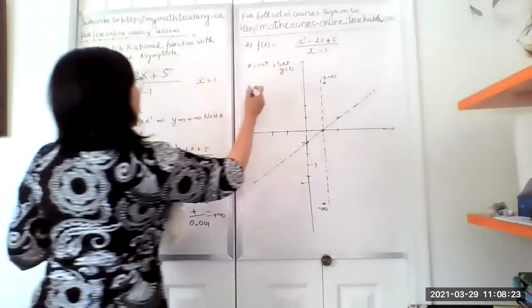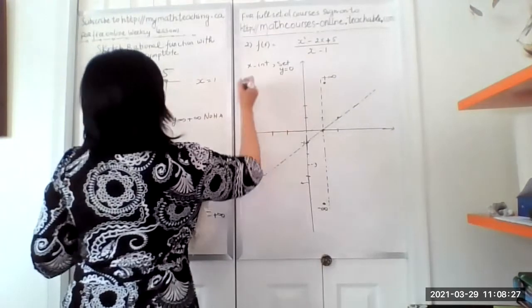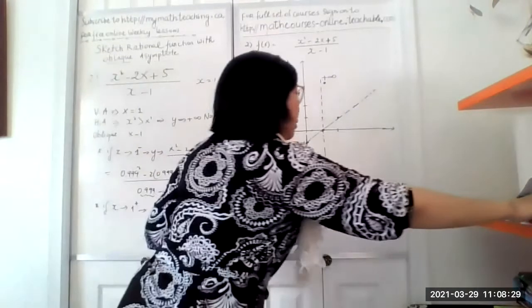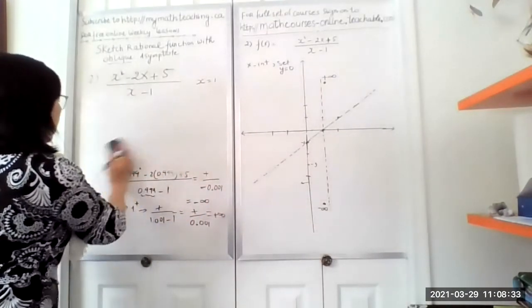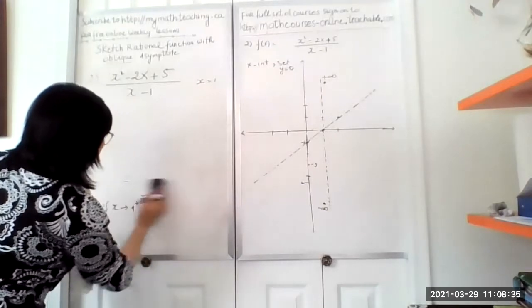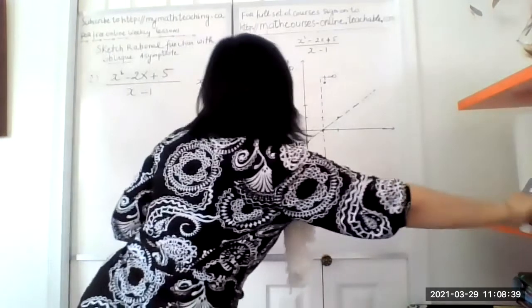So when we set y equals 0, what do we have? I'm going to have to erase this here so that I can have room to make it look better.